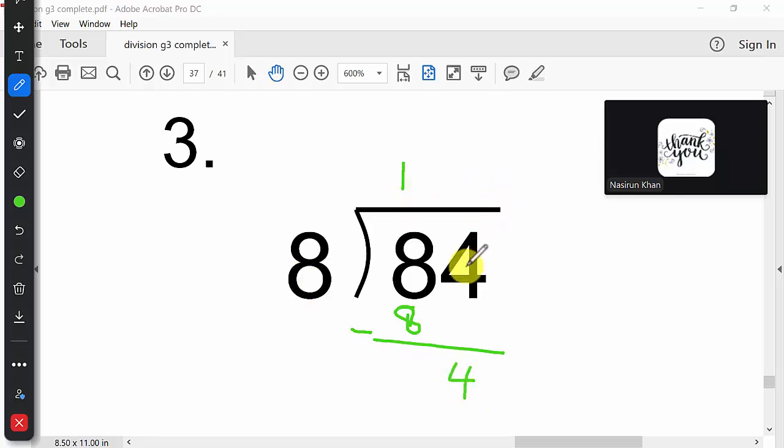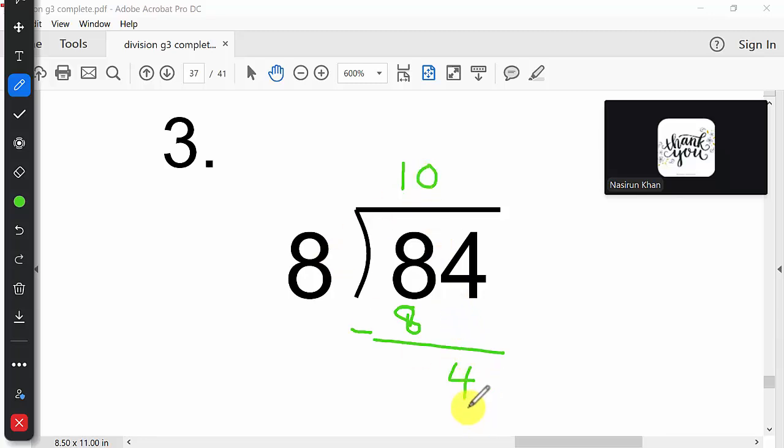But it's not 1 remainder 4. No, because this 4 is actually not the remainder, because we need to divide it by 8. So here we put 0. After that, we know that this one is now the remainder.